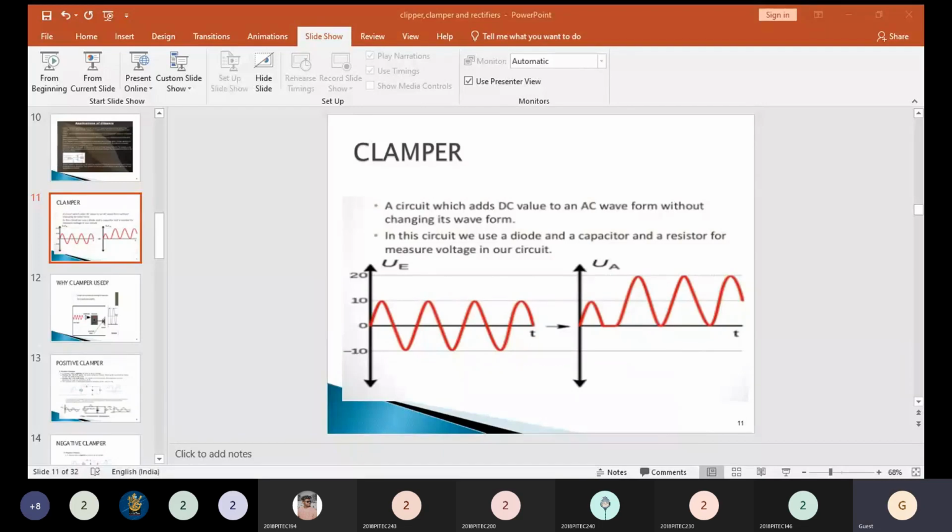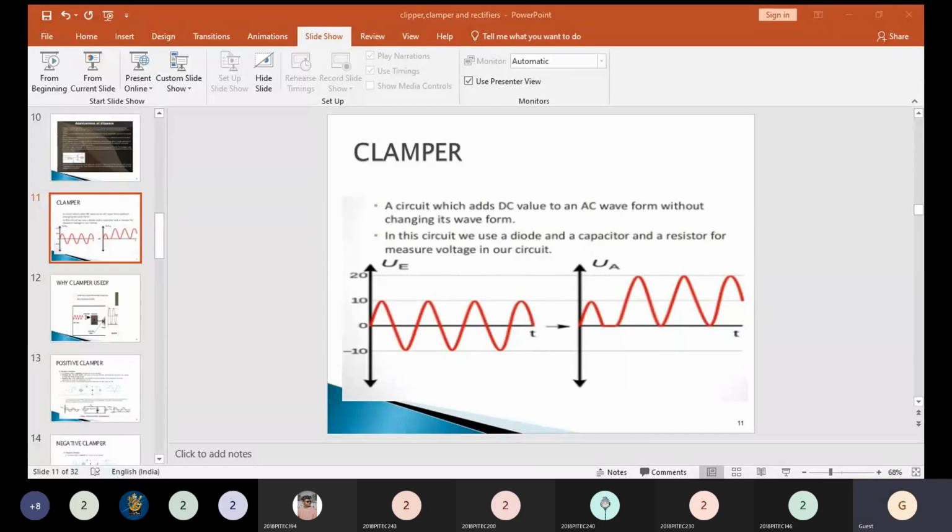The next question is how to minimize the response time and increase the operating frequency range of the op-amp. Options: positive half wave rectifier with 2 diodes, positive half wave rectifier with 1 diode, negative half wave rectifier with 2 diodes, negative half wave rectifier with 1 diode.